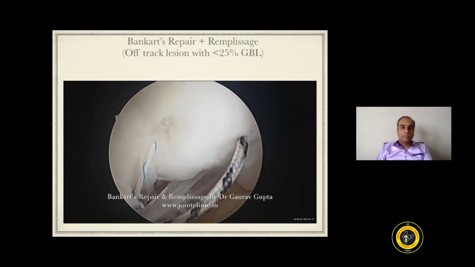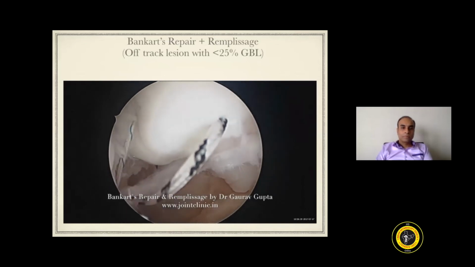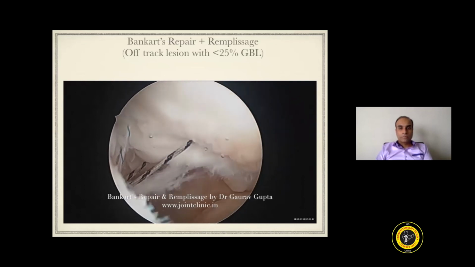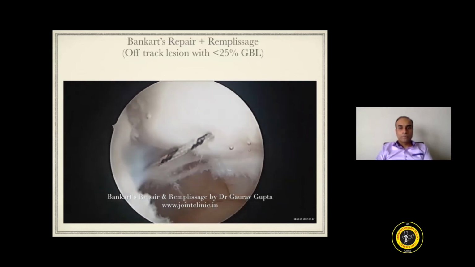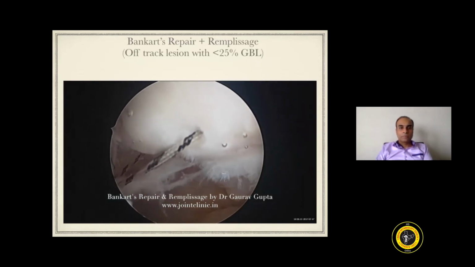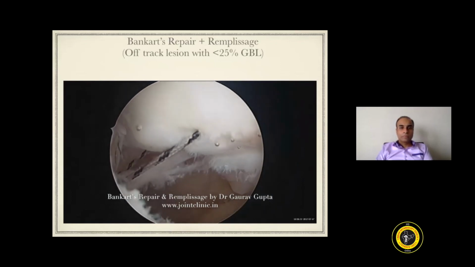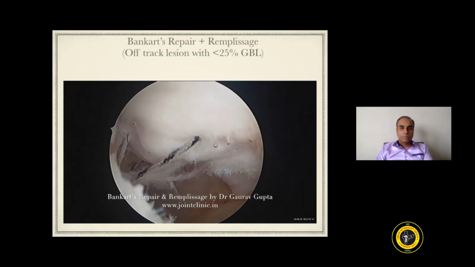Then we again switch the scope to the anterior portal. The sutures that were parked posteriorly in the accessory posterior portal are then tensioned to make sure that when they are pulled, the entire posterior bulk of the capsule and the infraspinatus tendon fills the Hill-Sachs defect.